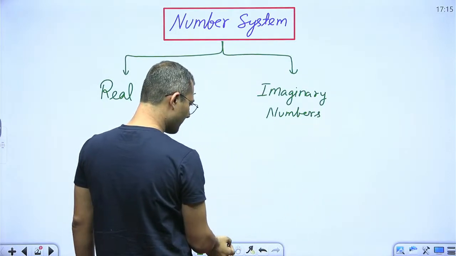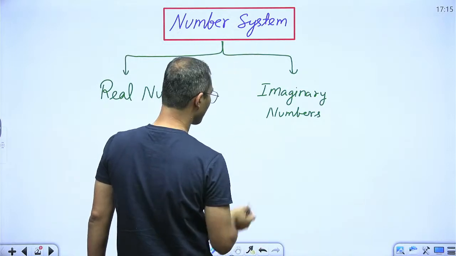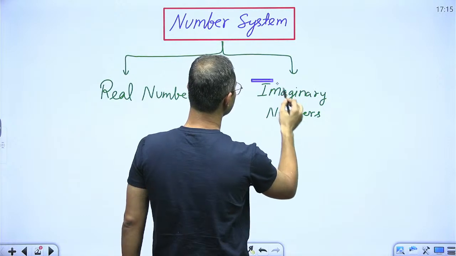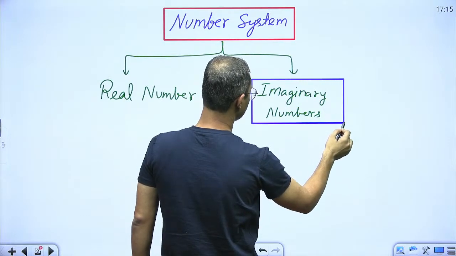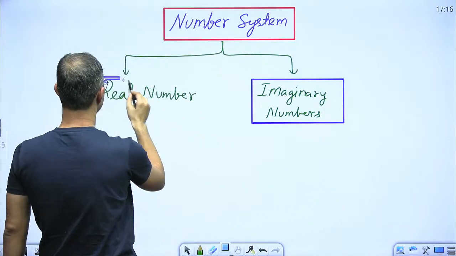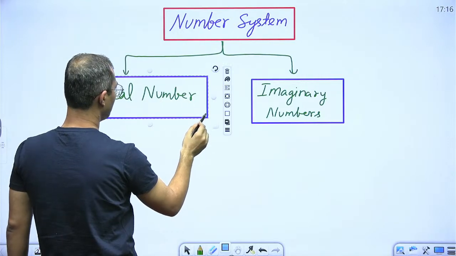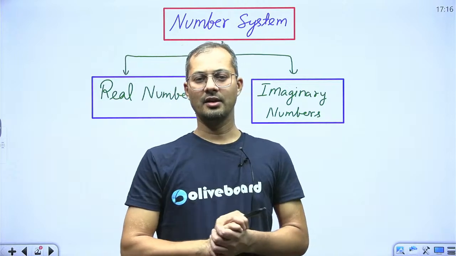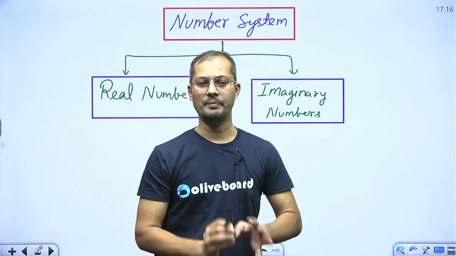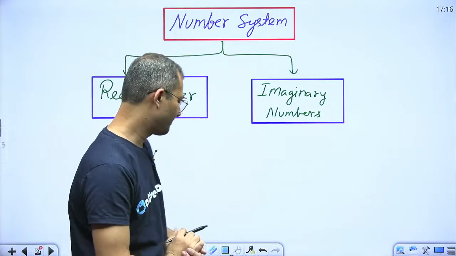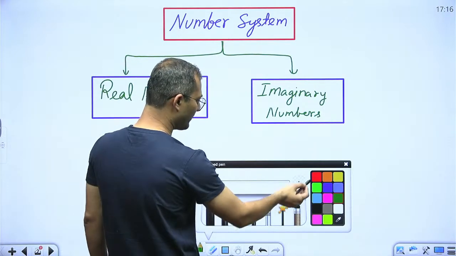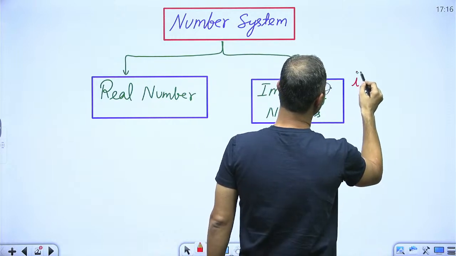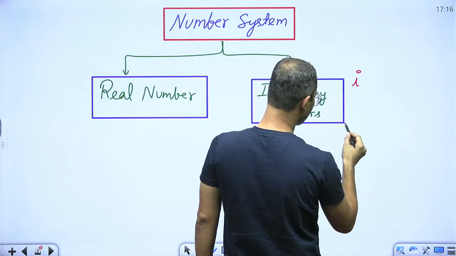Imaginary numbers include those numbers which do not exist in reality but which we imagine for our purpose. For example, we represent imaginary numbers with i.